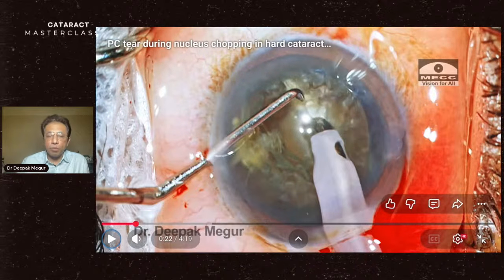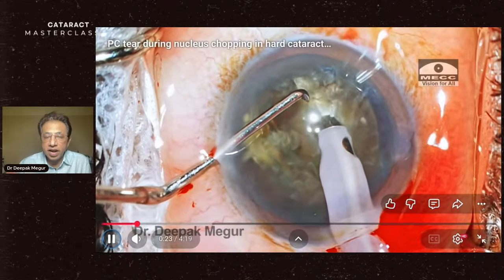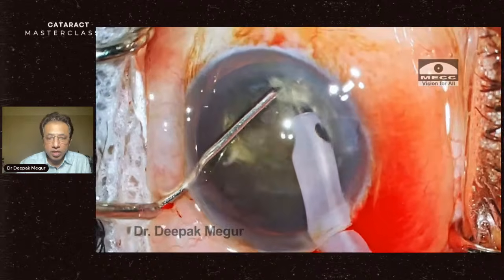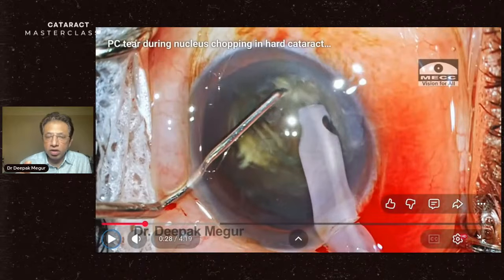But in that moment you would not understand all these finer nuances, and the surgery is continued. So the grip is not great. Look at the position of the handpiece, the phaco tip. It has gone way paracentral. It has gone beyond our central safe zone here.